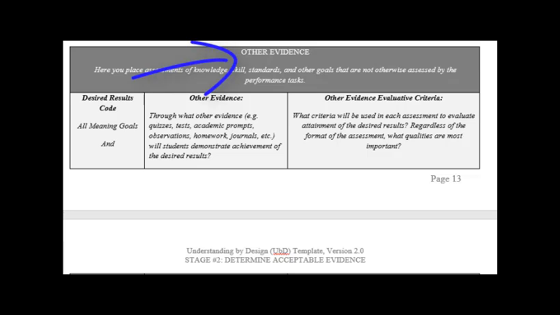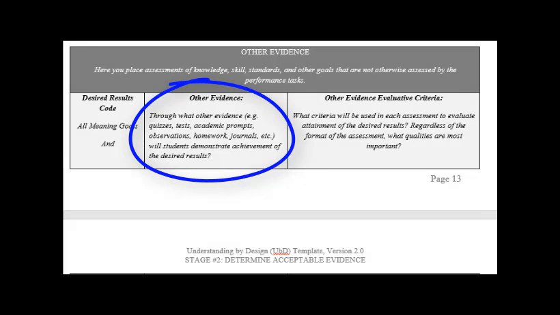As we move on to other evidence, we will consider the knowledge, skill, standards, and other goals not otherwise assessed in the performance tasks. So here we will think about how we will evaluate students. Perhaps it is quizzes, homework, peer feedback, and so on. This will give students an opportunity to demonstrate their achievement of the results.